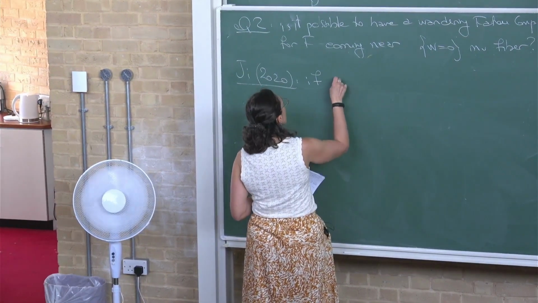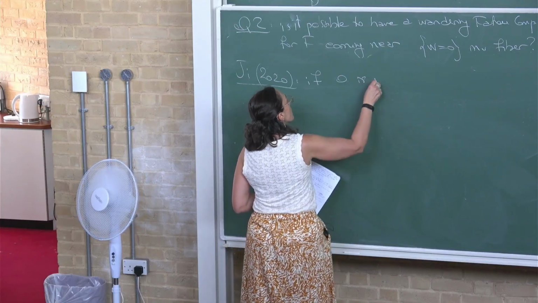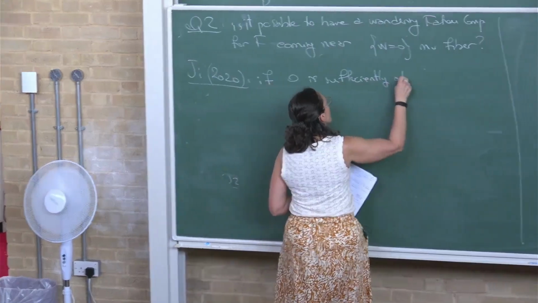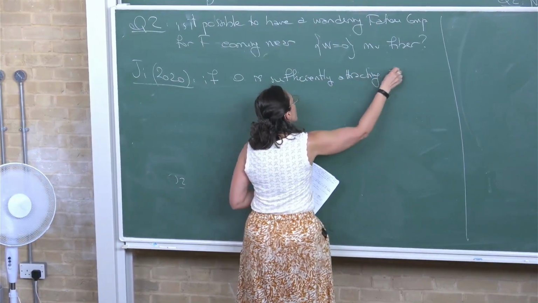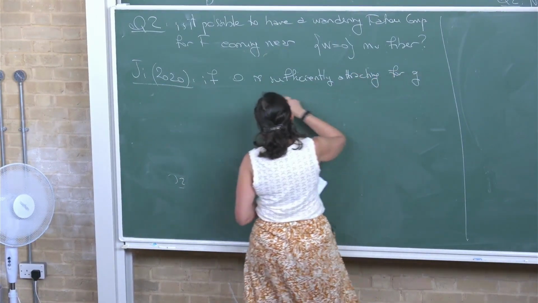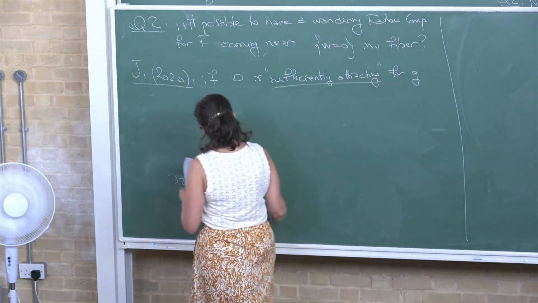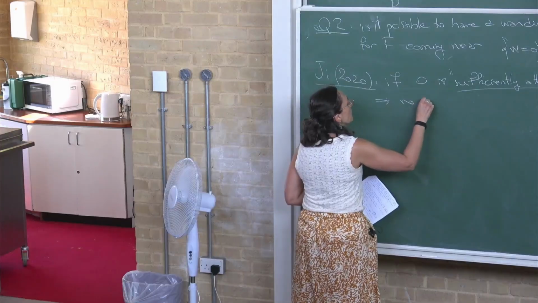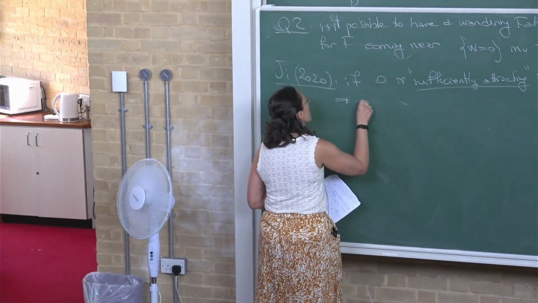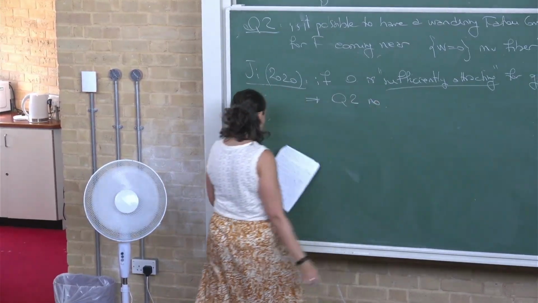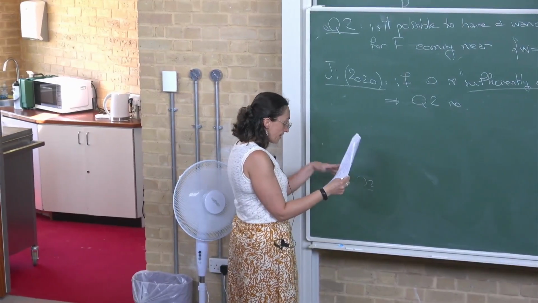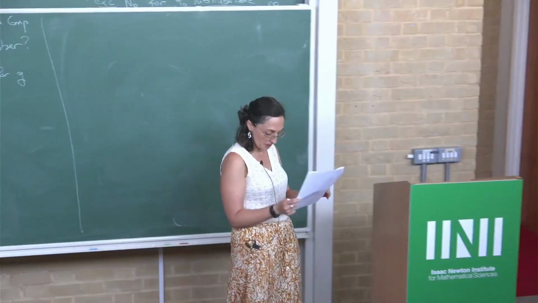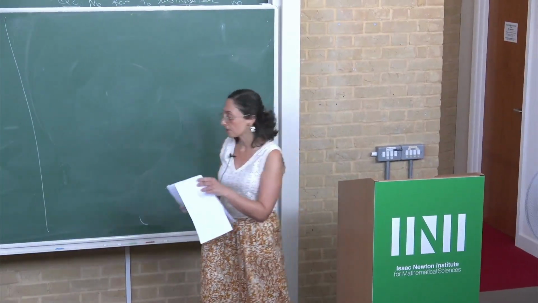If 0 is sufficiently attracting for G, you can make it more precise, so you have a bound on the rate of the attraction, then again, no wandering domains. So the answer to question 2 is no. And the idea is, again, a good estimate on the size of Fatou components and forward orbits.